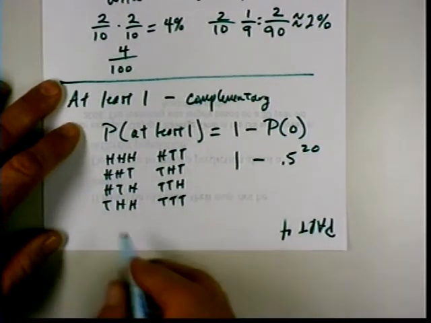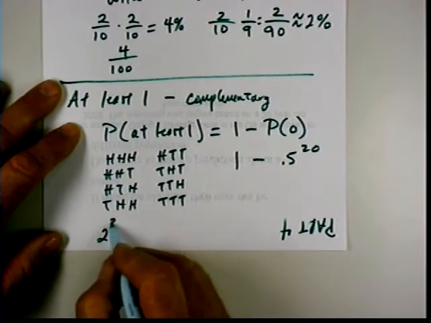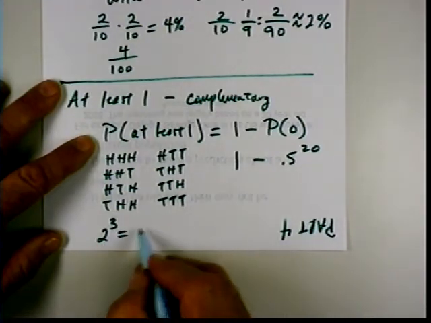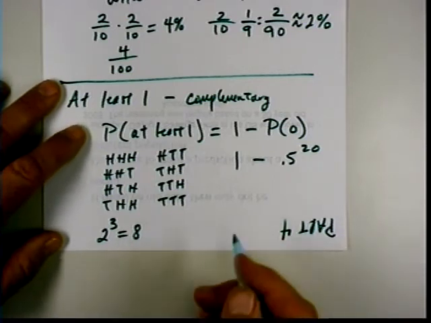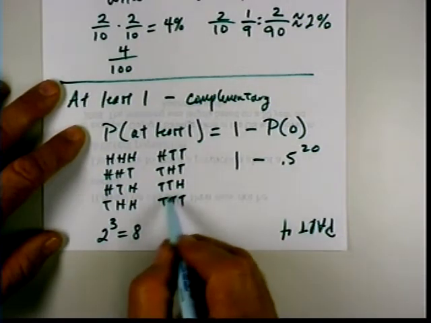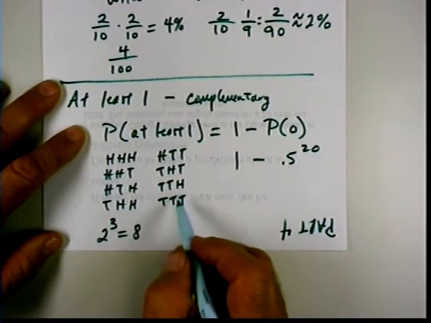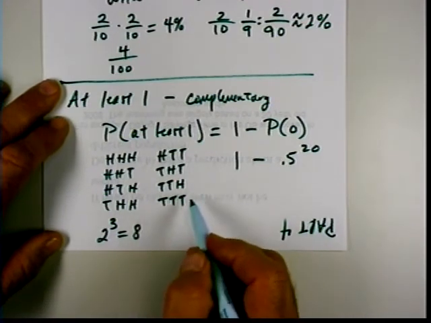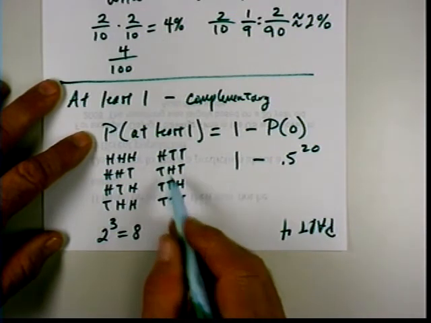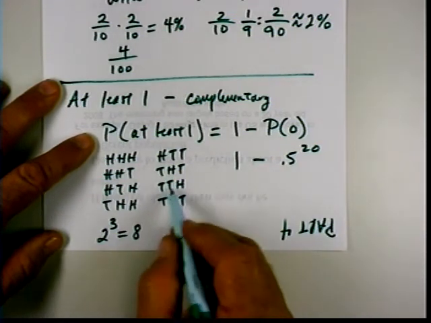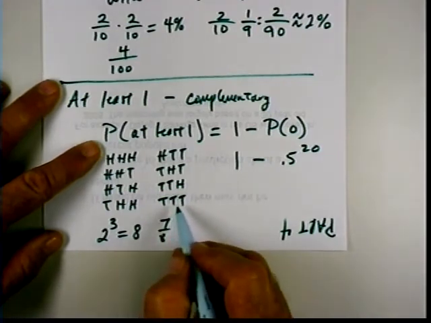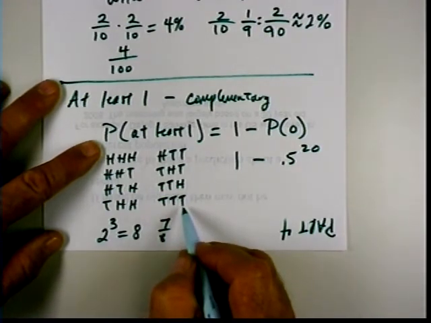And you know that it should be 8 because that's 2 raised to the 3rd power, which gives me 8. So the probability of getting at least one heads is going to be 7 out of these 8, because there's only one place where I don't get a heads.